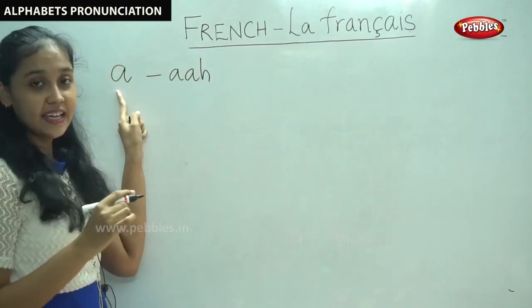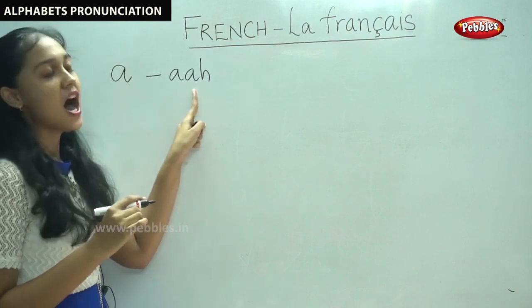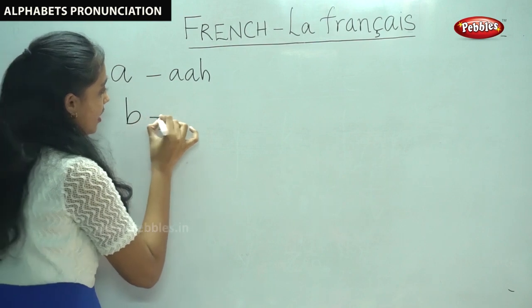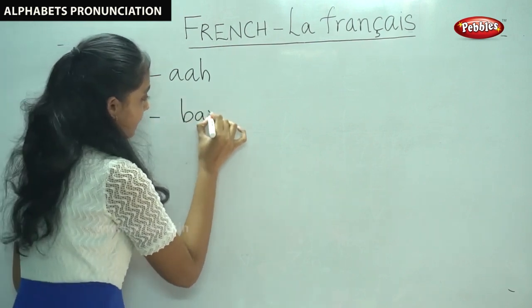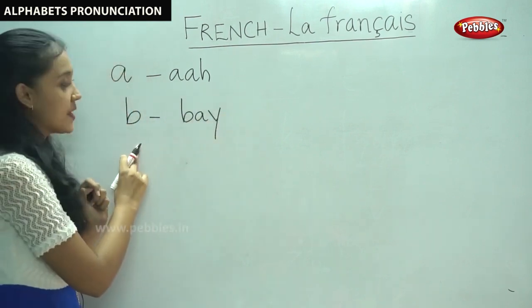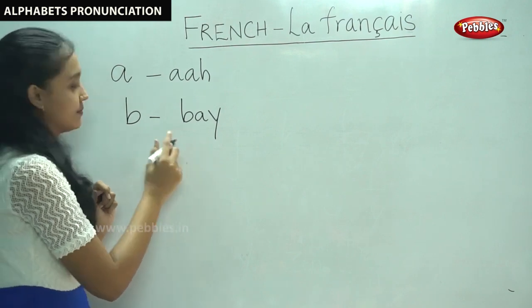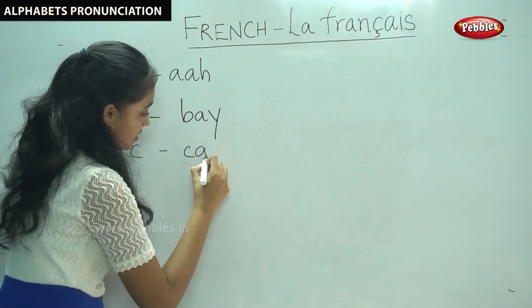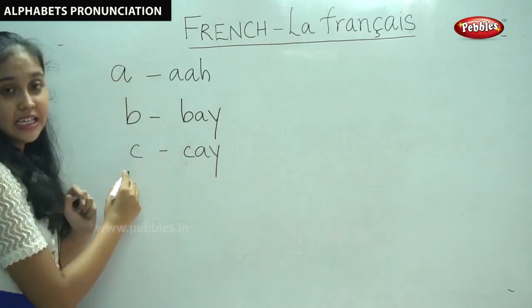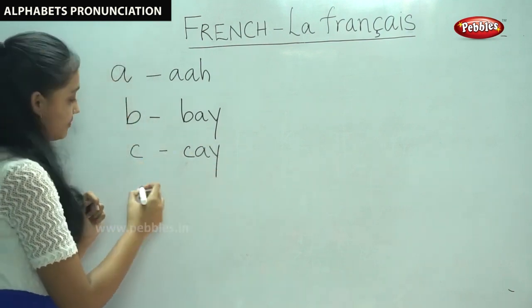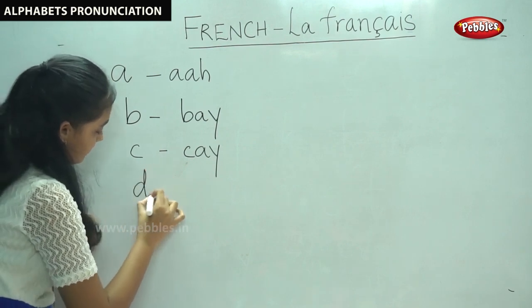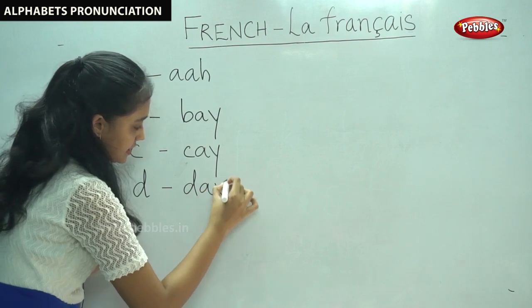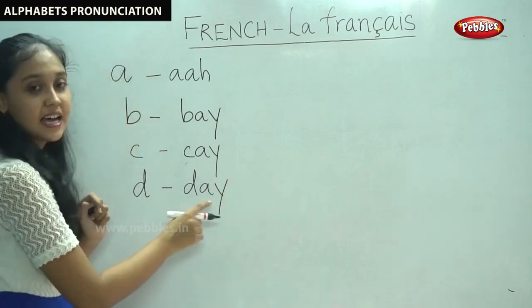The letter A is pronounced as A. B is pronounced as B. C, say. D is pronounced as day.